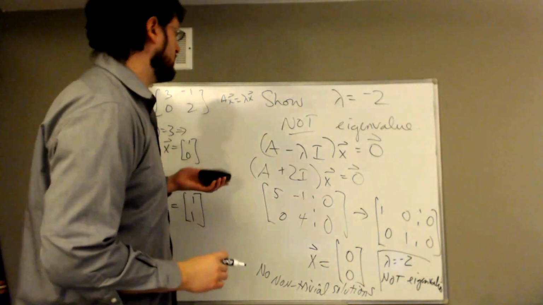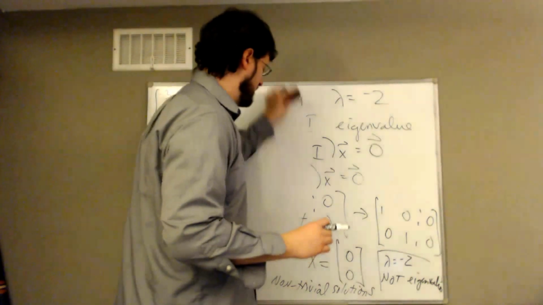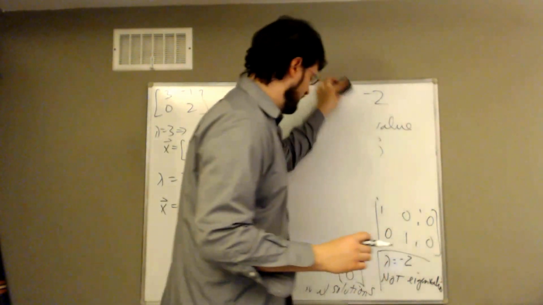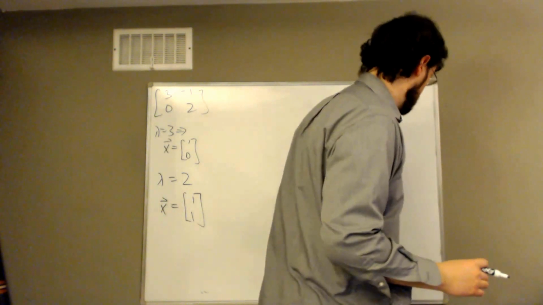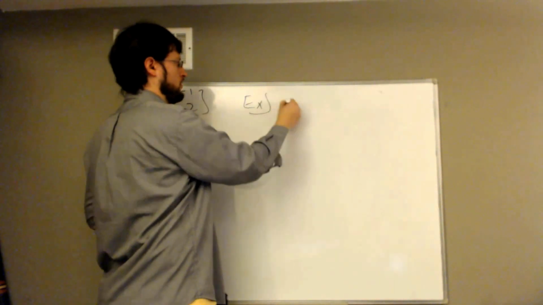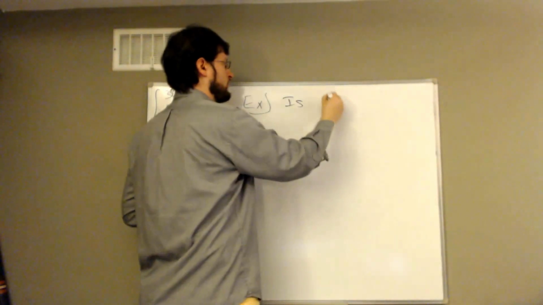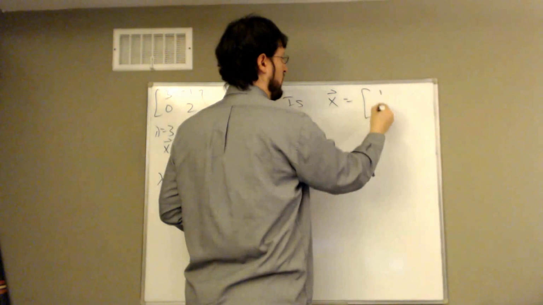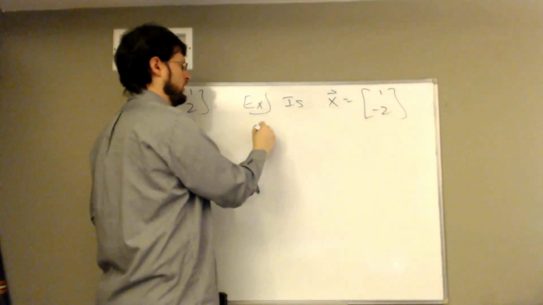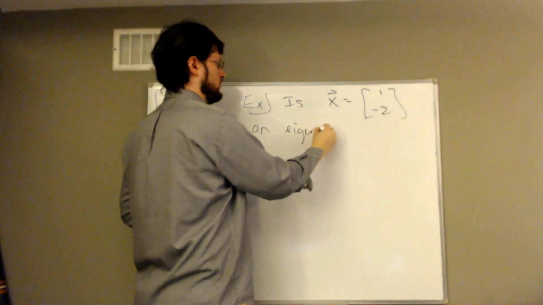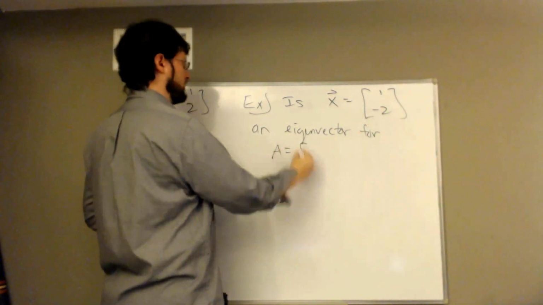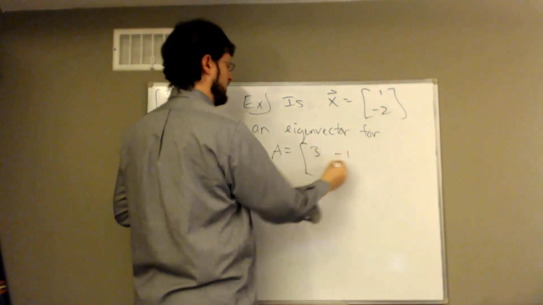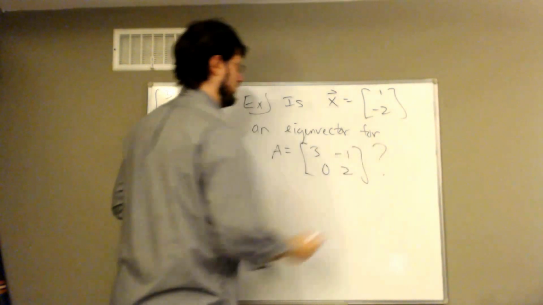All right, so while we're here, we will do one last other thing. If I give you just a vector, you should also be able to determine, without much work, whether it's an eigenvector. So is the vector (1, negative 2) an eigenvector for the matrix that we started with, 3, minus 1, 0, 2?